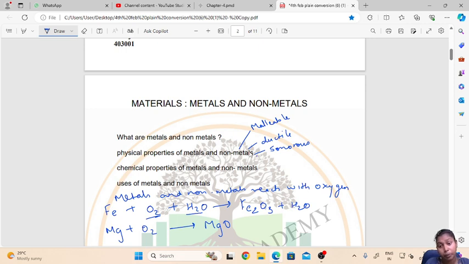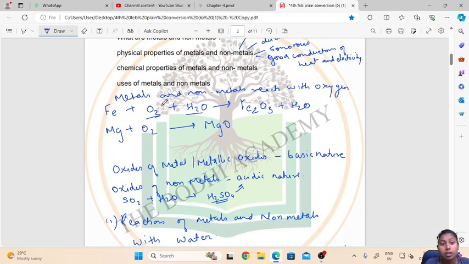One more main point is that metals are good conductors of heat and electricity, whereas non-metals are poor conductors of heat and electricity. So these are the physical properties. Whereas for chemical properties, we have seen that metals and non-metals react with oxygen.